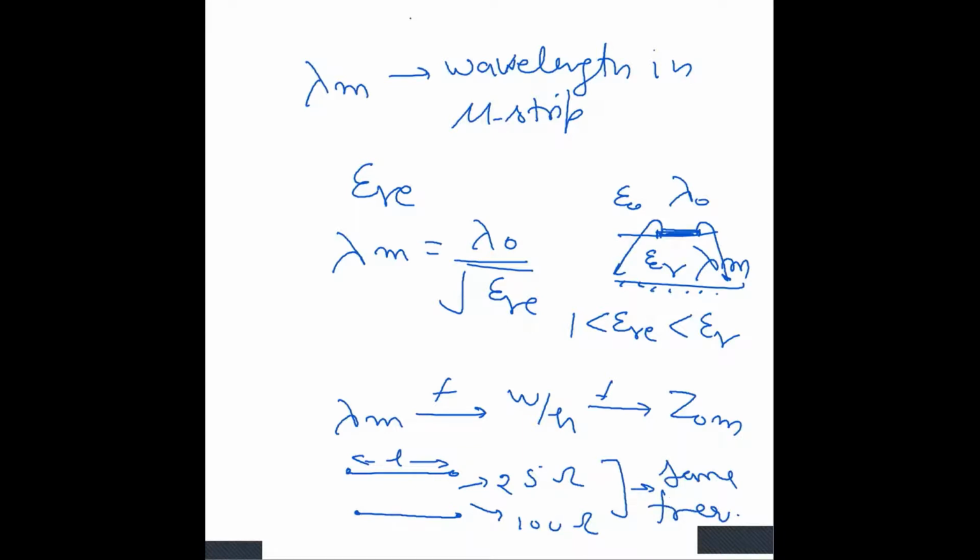It is an interesting conclusion that for the same frequency, we require different length of transmission line if the characteristic impedance of the line is different.